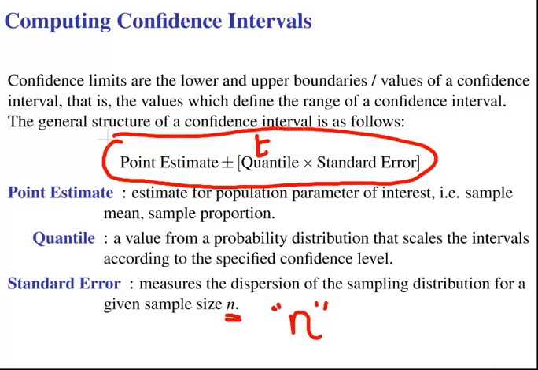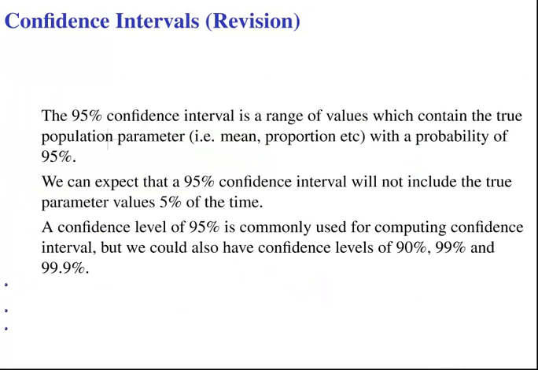So, let's move on. A little bit of revision here now. A 95% confidence interval. As an important remark, you might specify a certain confidence level, and usually you will work with 95%.